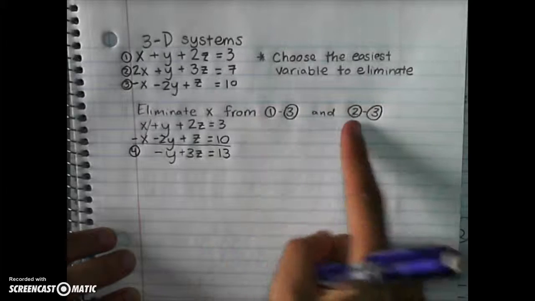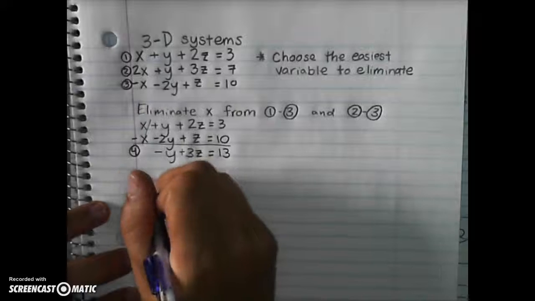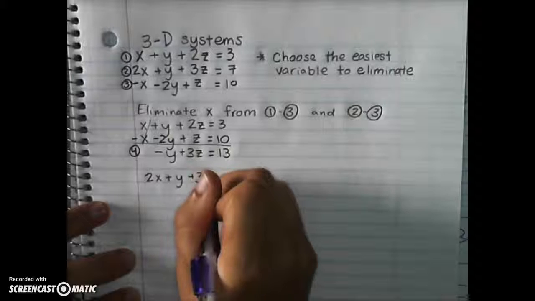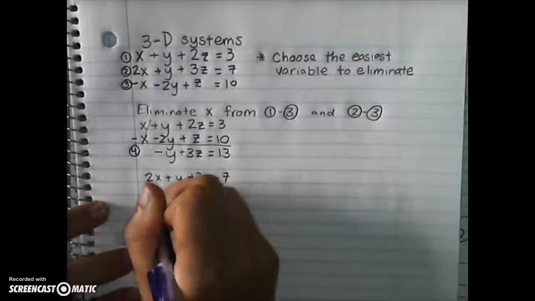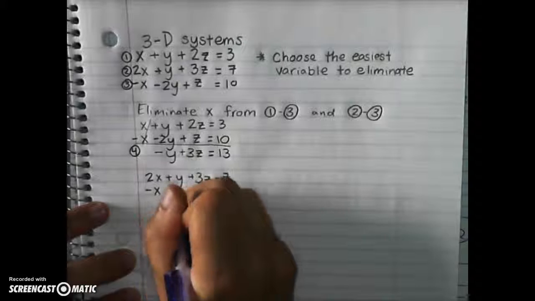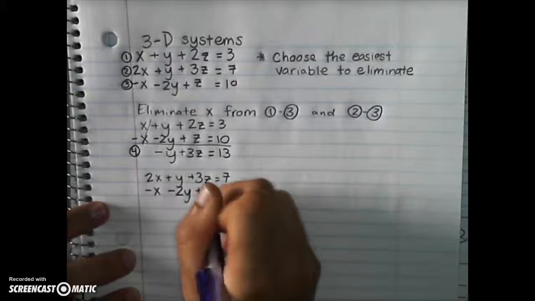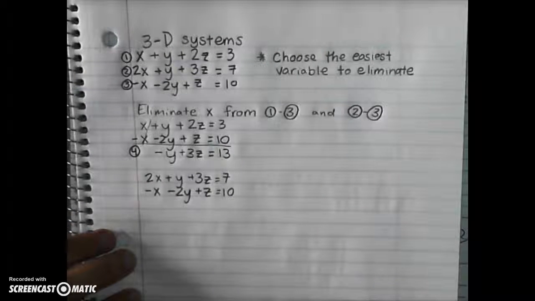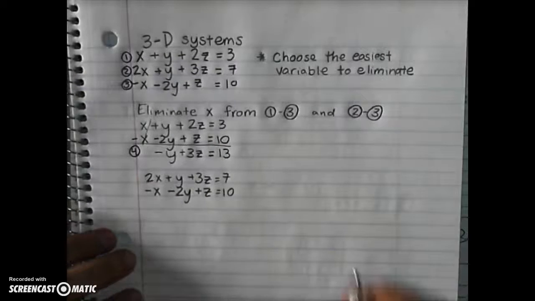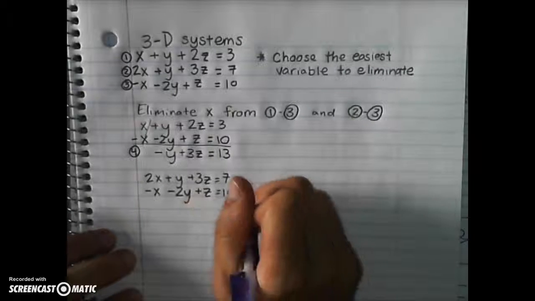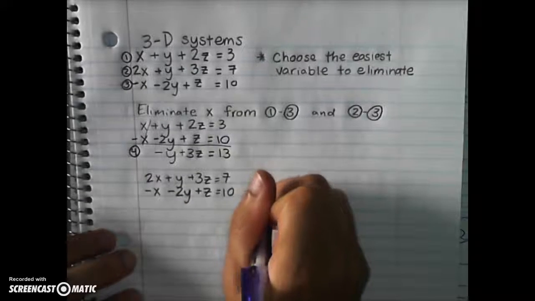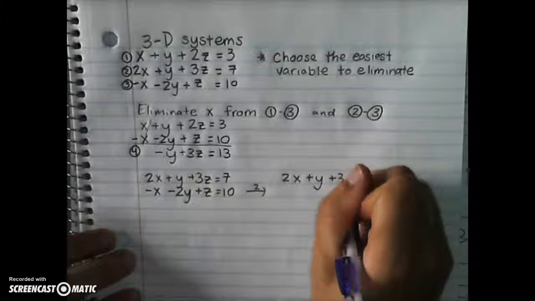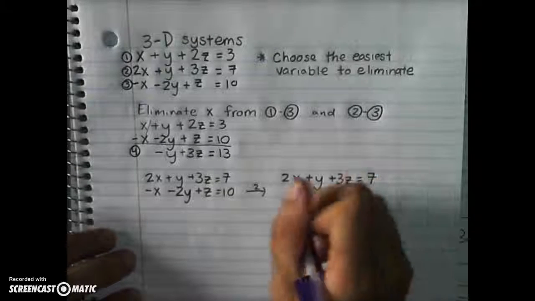And now we're going to use the elimination method to get rid of the x in 2 and 3. So 2x plus y plus 3z equals 7. Negative x minus 2y plus z equals 10. What do I need to do to eliminate the x's? Multiply the bottom by 2. 2x plus y plus 3z equals 7.